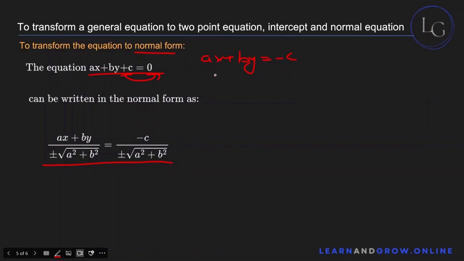And then you need to take just the magnitude of this a and this b, okay? And that will become the square root of a square plus b square, okay? When you have this, you just divide both the right hand side and the left hand side of the equation by it, and then you'll have the normal form.